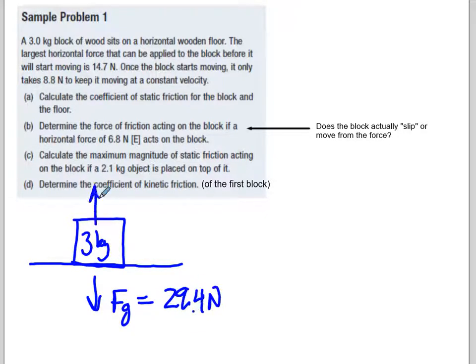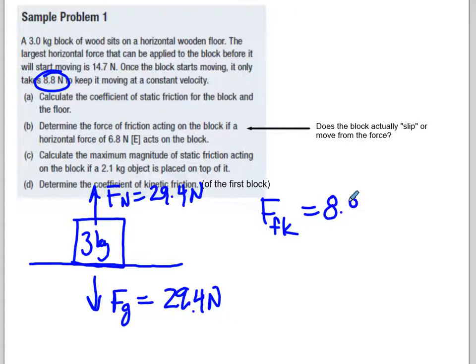So I know my Fn is again the same thing, 29.4. But now I'm working with this 8.8. So my force of friction, I'm going to call it force of friction kinetic, is 8.8 newtons.